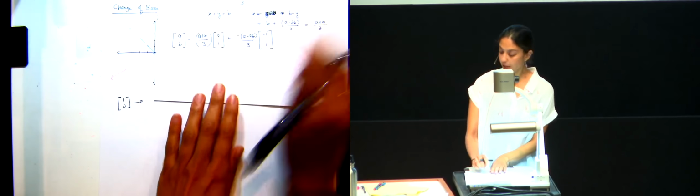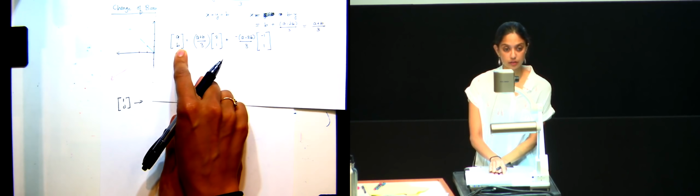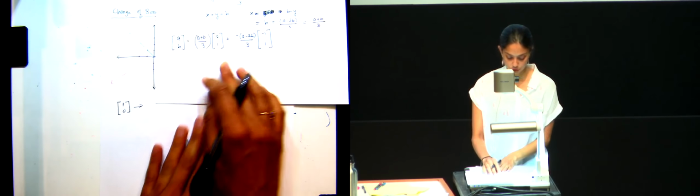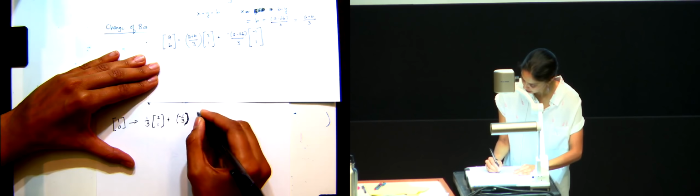What happens to the vector 1, 0? If we go back to what we just computed here, for 1, 0, A is 1 and B is 0. So I can write 1, 0 as 1/3 times 2, 1 plus minus 1/3 times minus 1, 1.